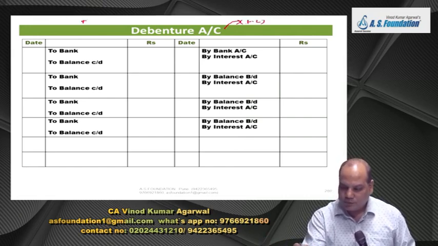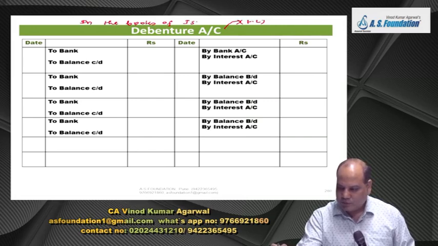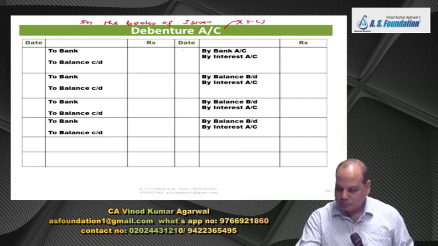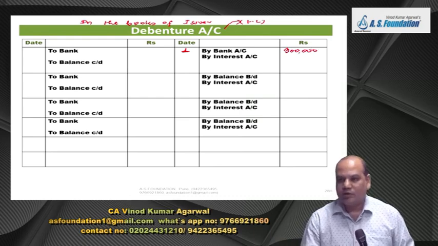In the books of issuer, this is the format I am going to follow. You just help me. When was this bond issued? Any date given? So we will write year 1. Year 1, by bank, write 9 lakh.